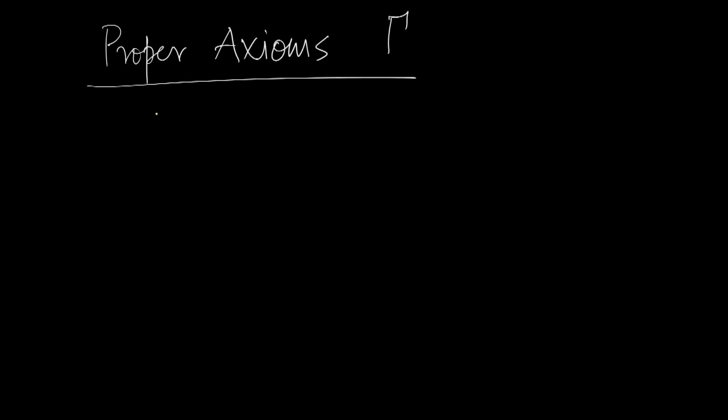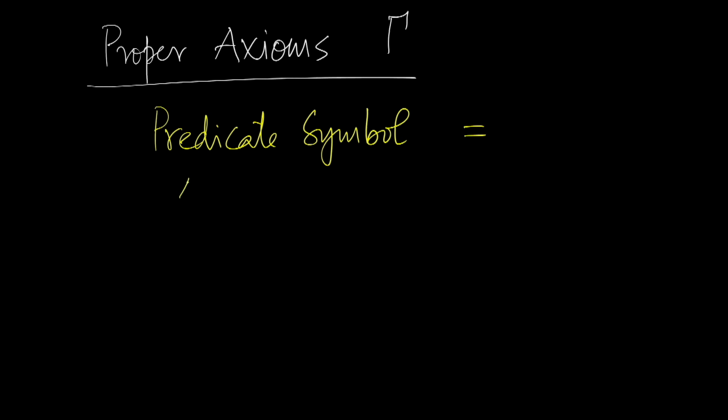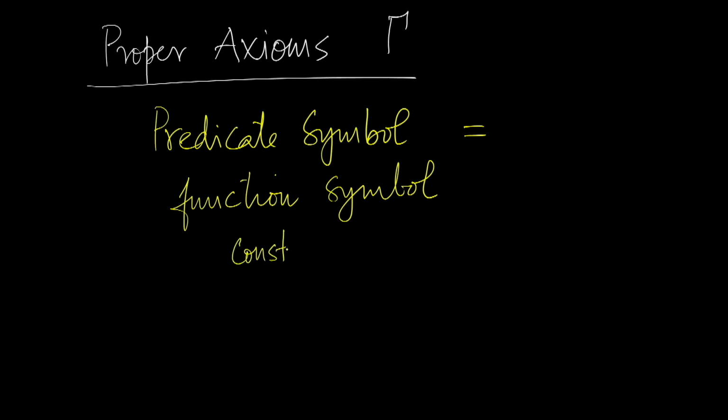Let us consider a system of logic in which there is one predicate symbol, which is the equality symbol, and then there are function symbols. There is one constant symbol or a 0 argument function symbol, which is z, and there is a one variable function symbol, which is s.